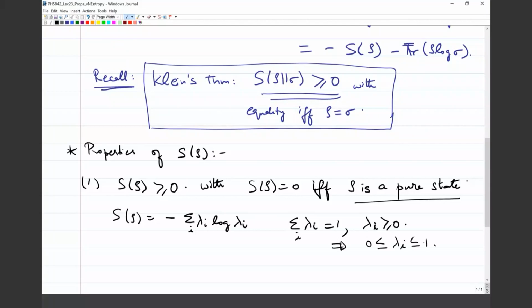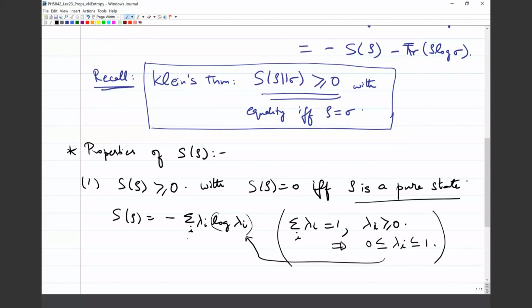And when I take the log of something that lies between 0 and 1, then this is negative and the lambda i's are real positive. So negative log lambda i is positive. So I'm taking the product of two positive quantities, and so what I end up with is something that is positive.